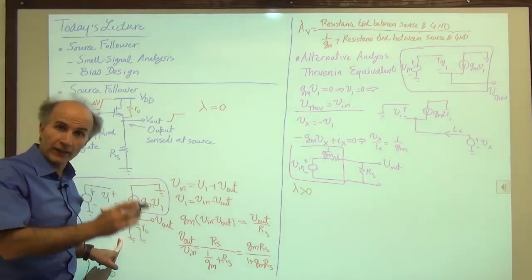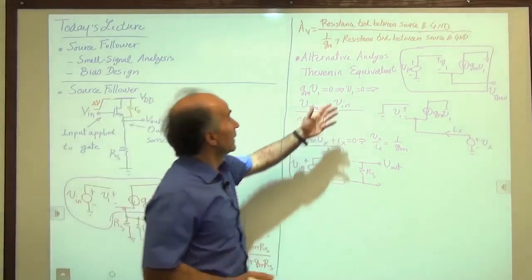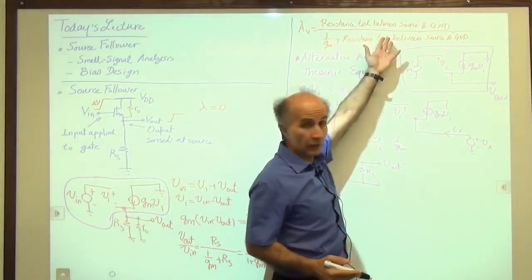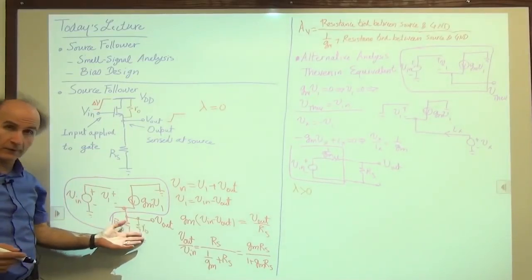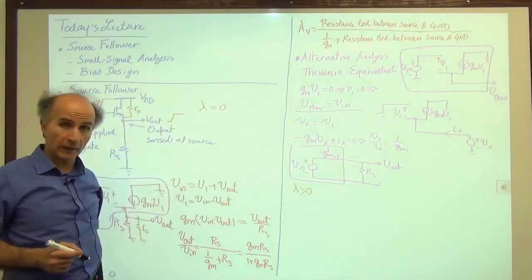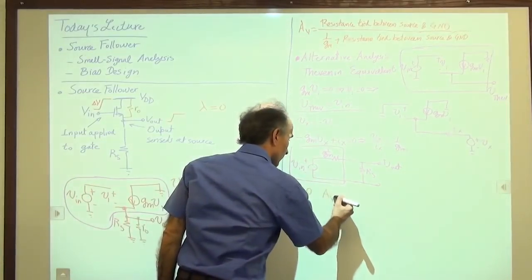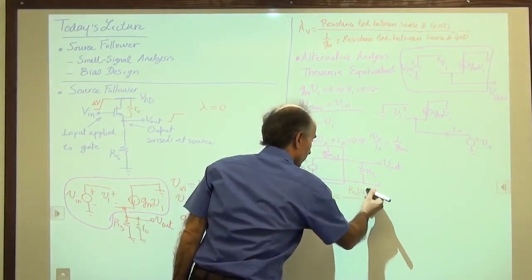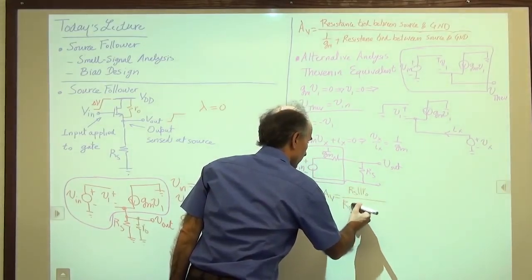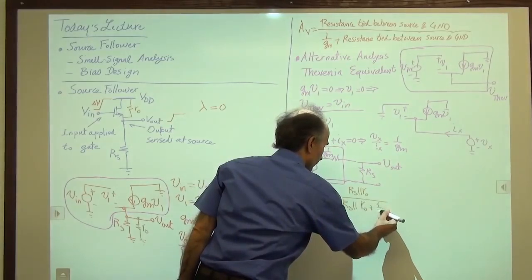So wherever I have RS, I replace it with RS in parallel with RO, because we have the resistance between source and ground. Now it's not just RS, it's RS in parallel with RO, and similarly in the denominator. So we say AV is equal to RS in parallel with RO, divided by RS in parallel with RO, plus 1 over Gm.